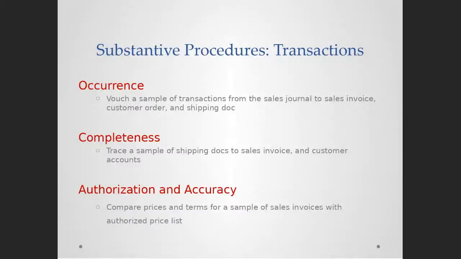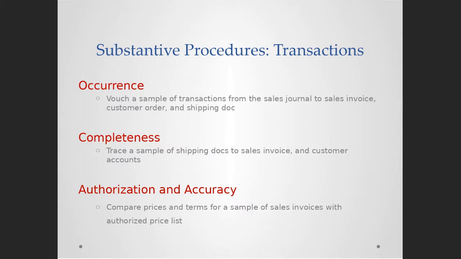When we test completeness, we are going in the other direction, and that is we start with the customer order, then we go to the shipping document, then we go to the invoice, and then we go to the sales journal.